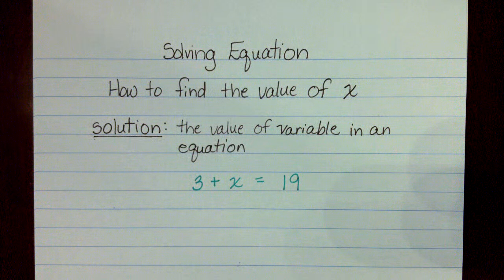Guess and check literally is just what it sounds like. I think this, I'm going to try it out, and then I'm going to check and see if that answer is correct.